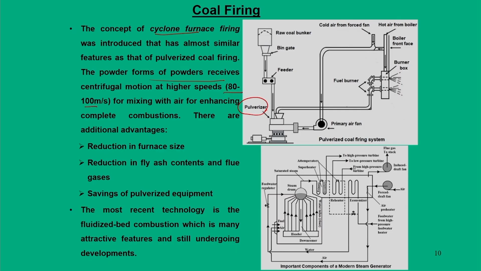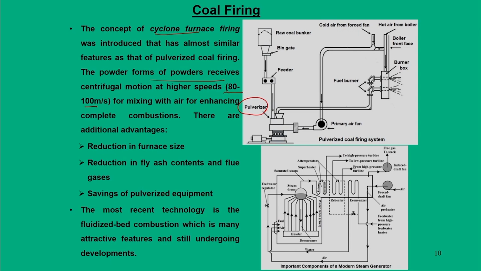When coal plus air mixing takes place at a speed of 80 to 100 meters per second, it has been proved that complete combustion or combustion efficiency can be enhanced.